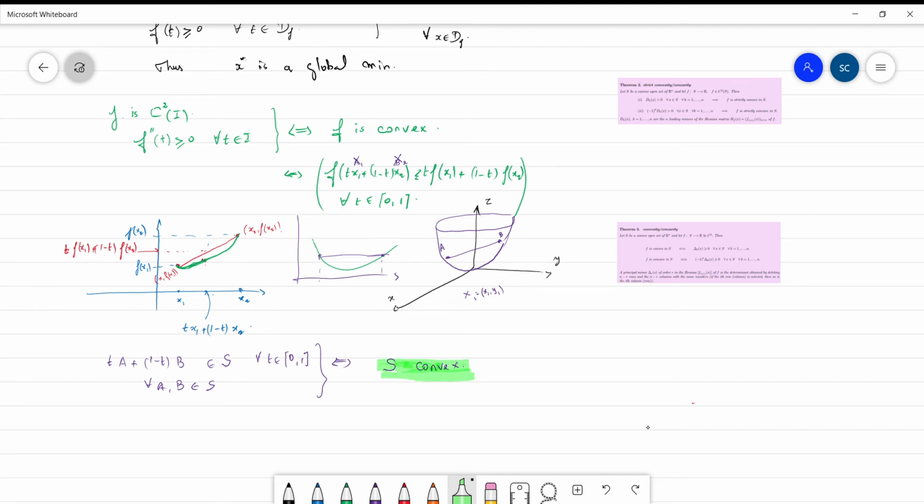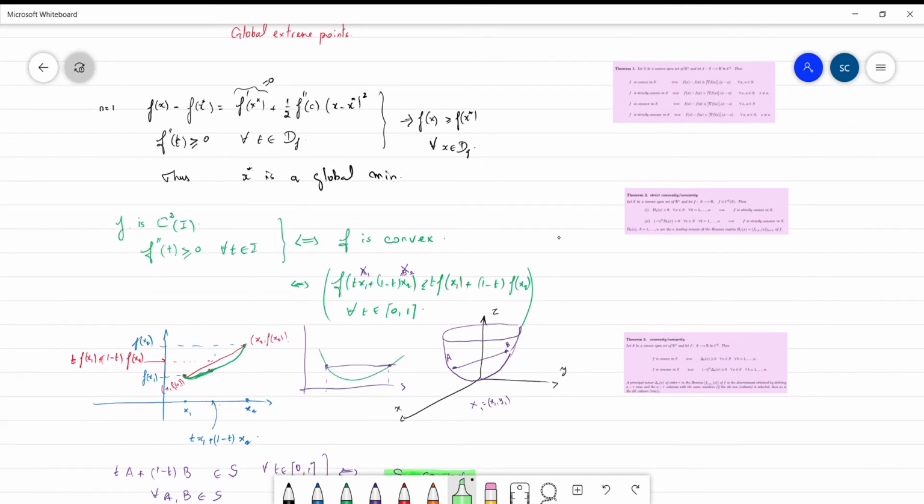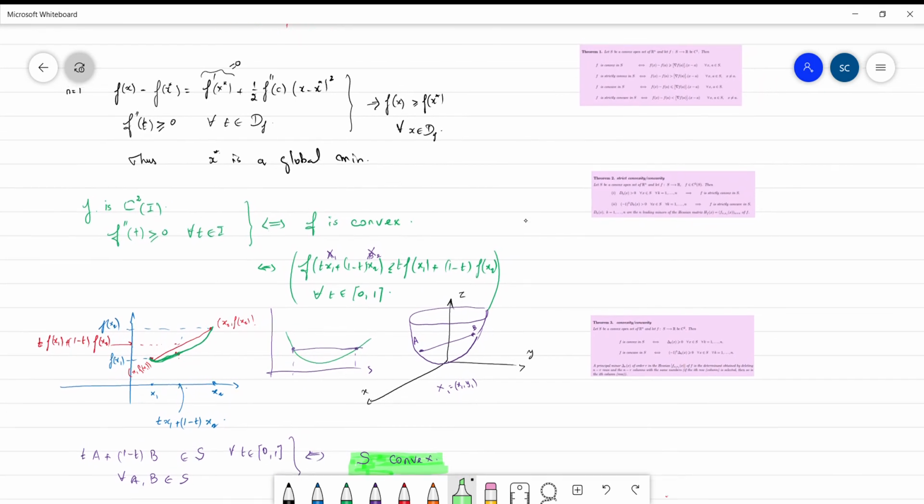Now, our question, knowing that we have convex functions: how can I characterize a function of several variables to say whether it is convex or not? Of course it is not easy to check the definition like that, applying it to any point of your function.